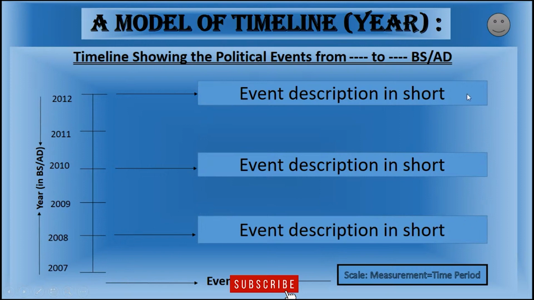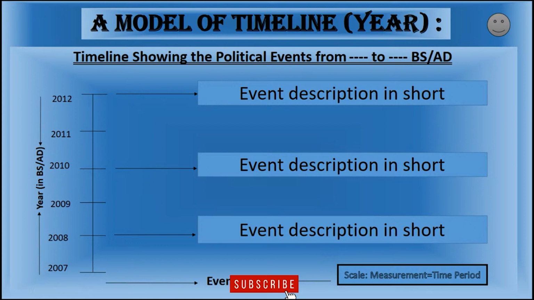It would be better than making one shorter, the next longer and again shorter, because then there can be some problem in the outlook. This is not a hard and fast rule, but it is better if you make it straight, this also straight, and here should be the line. So in this way, this is the format.